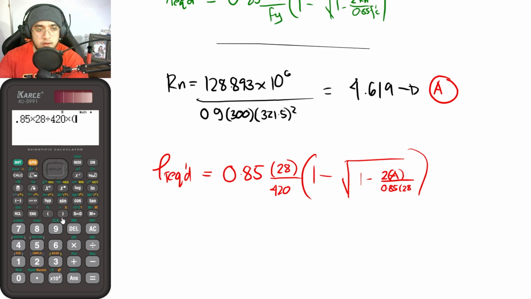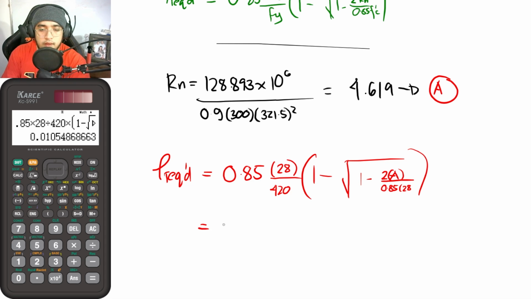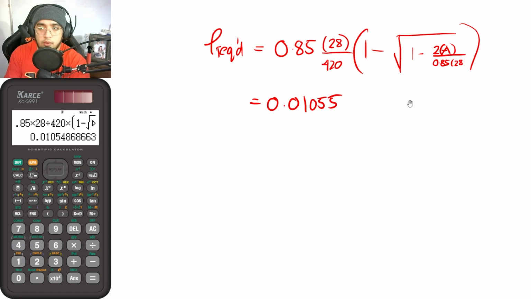So our answer here for the rho required is 0.01055.